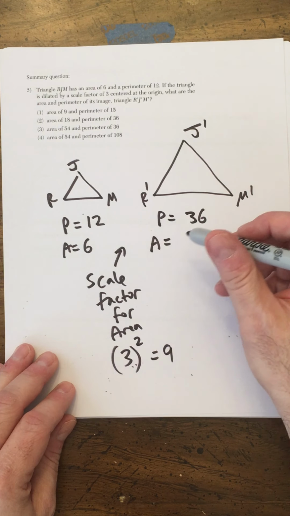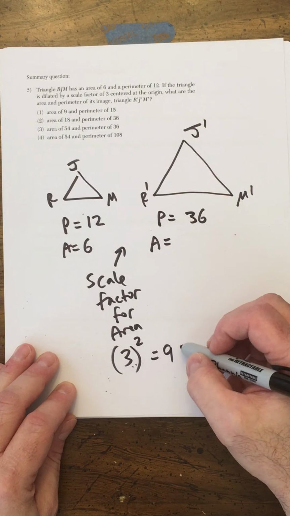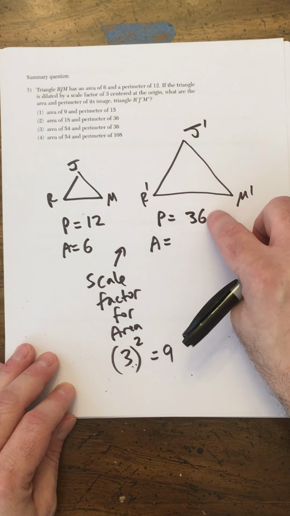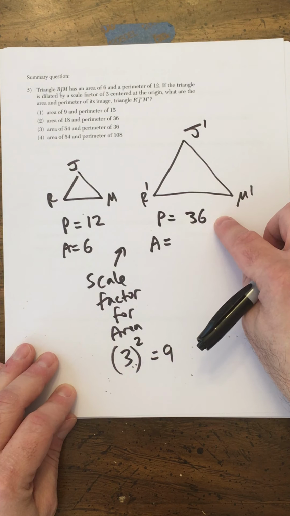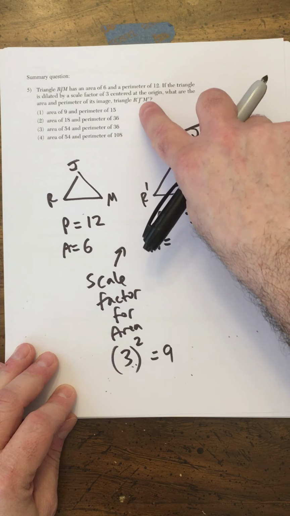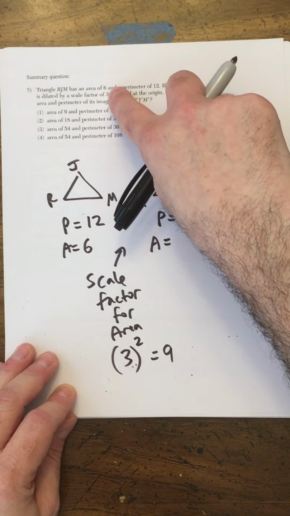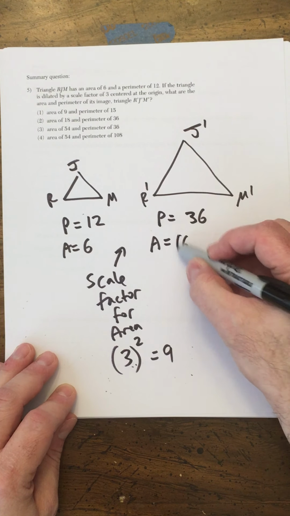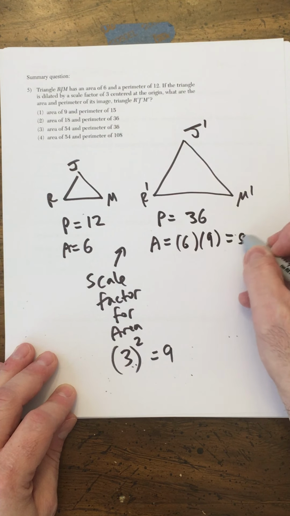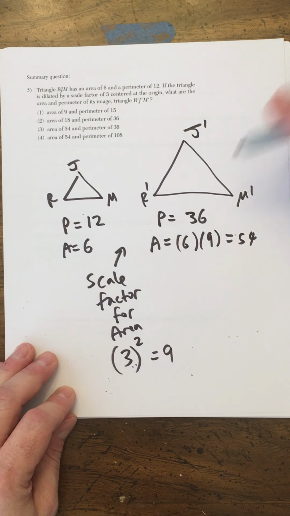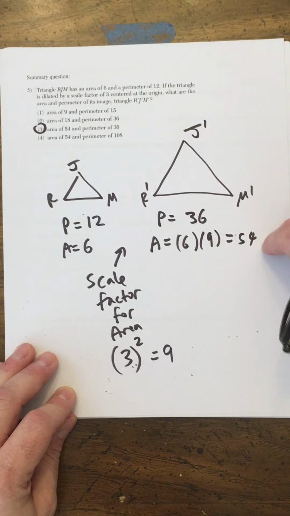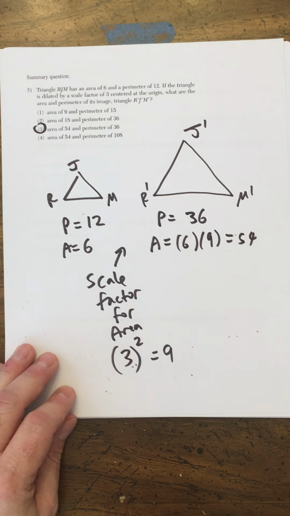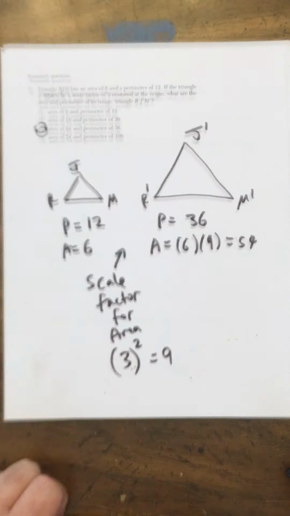So you're going to take 9, you're going to multiply that by the area they gave you. They gave you an area of 6. So 6 times the scale factor is 54. That gives you choice number 3. The area is 54, perimeter is 36. You could do the next homework.